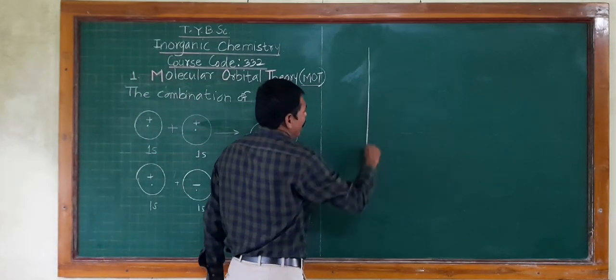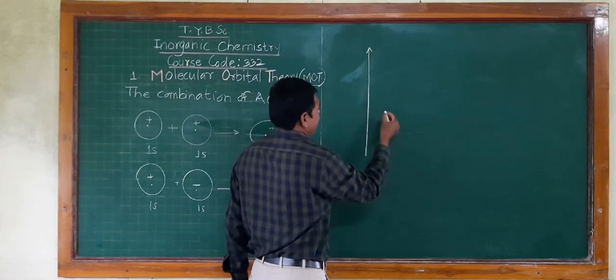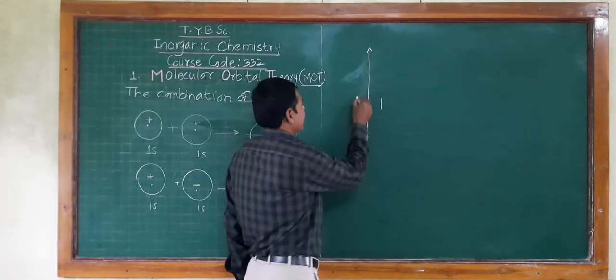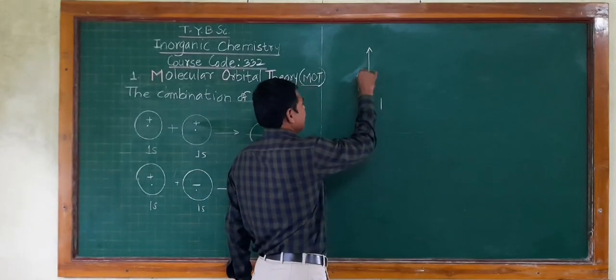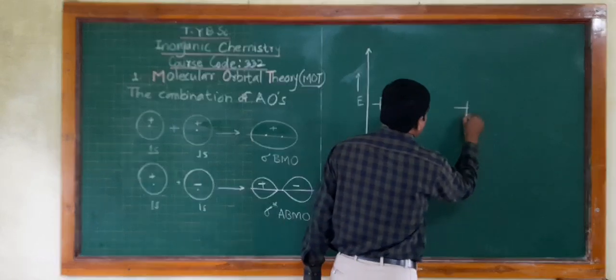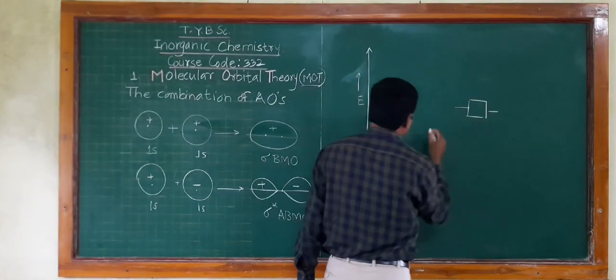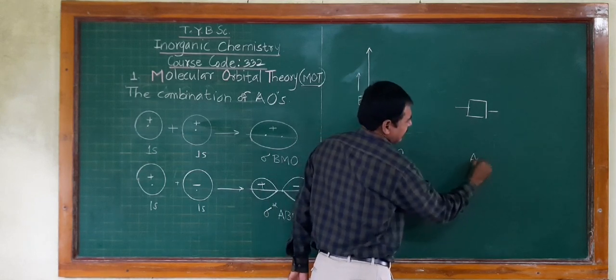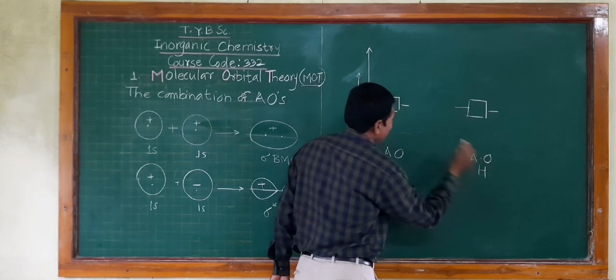With the help of a molecular energy level diagram, we can represent it like this. Here is the energy axis. Here we represent the atomic orbital of a hydrogen atom, the AO of hydrogen, and this is the AO of another hydrogen.